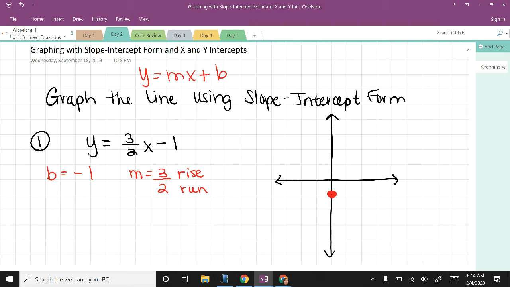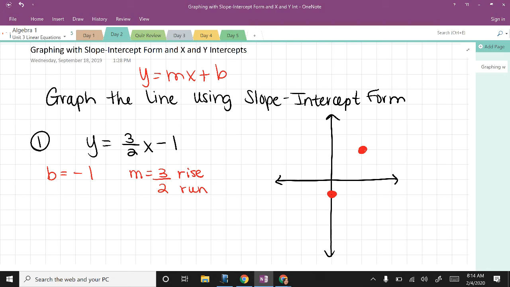And you're going to go up 3: 1, 2, 3. Don't put a point there. You're going to run to the right 2. You always run to the right. Up 3, right 2. That's your second point. Y'all with me? Rise up 3, to the right 2. Y'all need to pay attention right here. This is important.